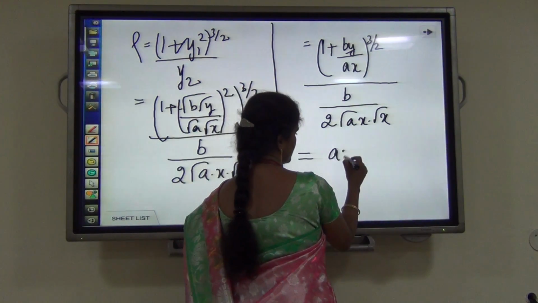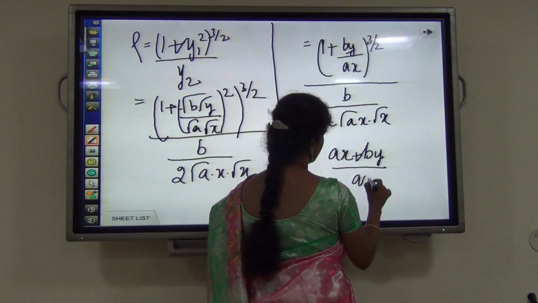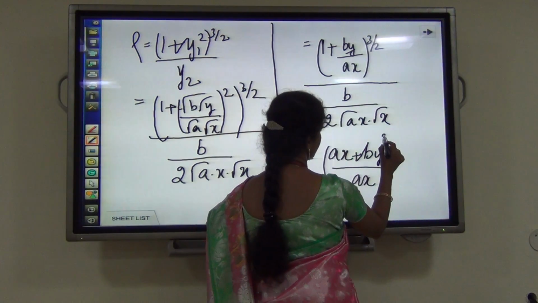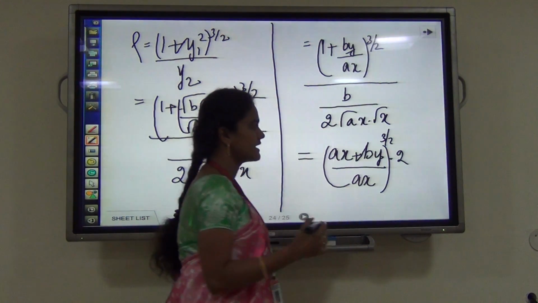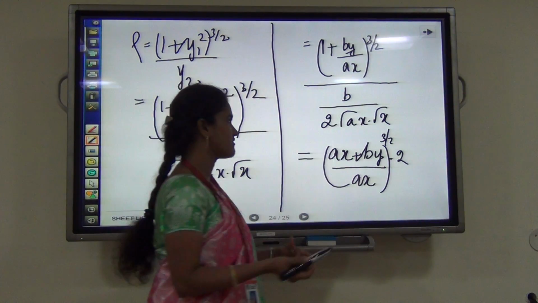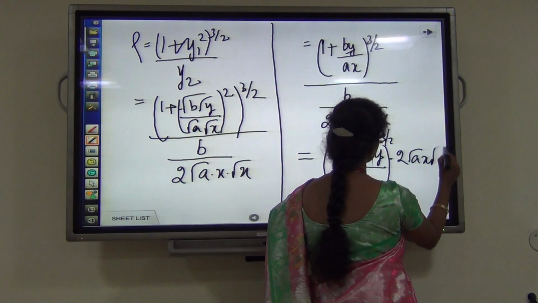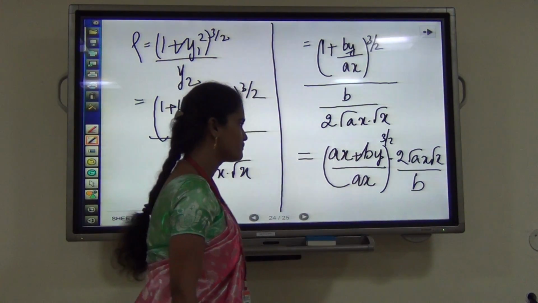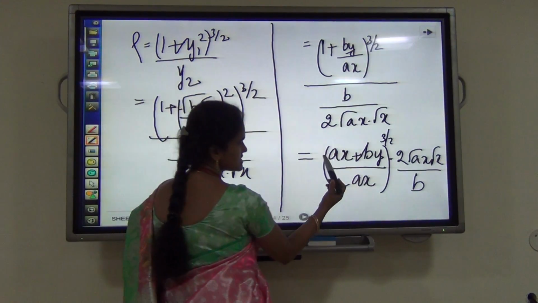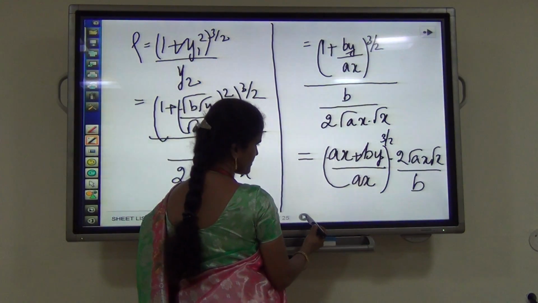It is ax plus by by ax to the power 3 by 2 into the reciprocal of this denominator. You can write it reciprocally as 2 root a x into root x by b. Now you can write the numerator as ax plus by to the power 3 by 2 and the denominator as ax to the power 3 by 2.